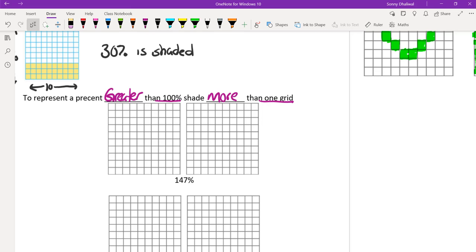All right, we'll talk about that later in this lesson, what that means. So we want 100 shaded in here, so all of the first one is shaded in. Then 47 of the other one. So remember, each line is 10, so it's fast. 10, 20, 30, 40, and 7 more.